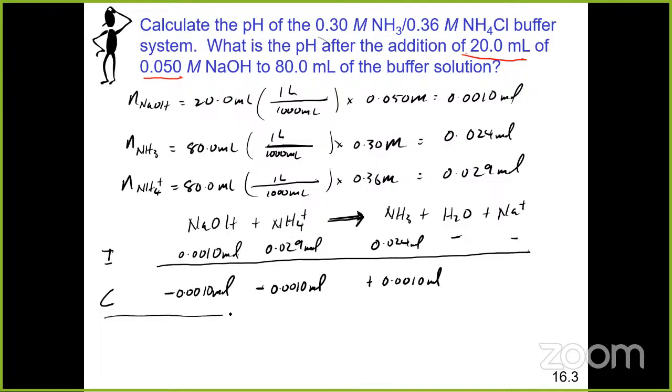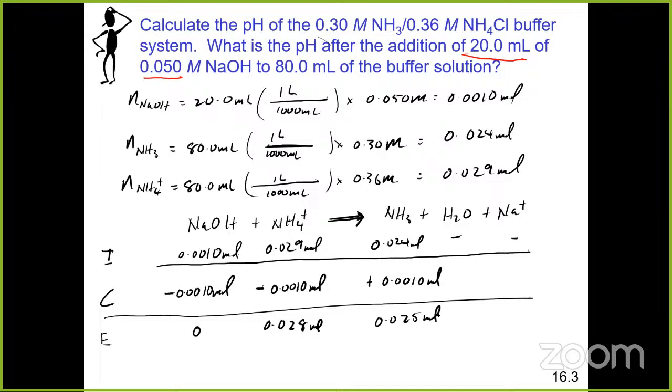So by the time we get to the end of the reaction, there will be no sodium hydroxide left behind. As far as the ammonium is concerned, the amount that would be remaining would be 0.028 moles.